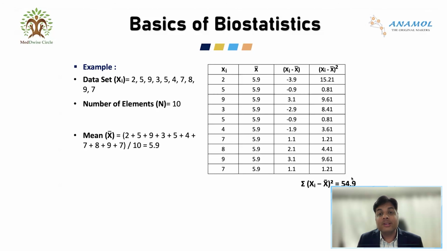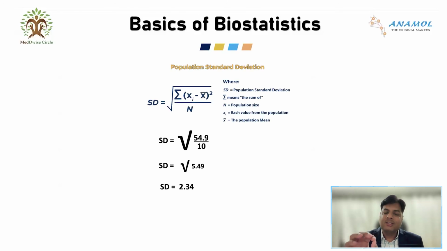This whole square value is 54.9 in this particular example. This 54.9 we divide by the number of students. The number of students is 10. So 54.9 divided by 10 comes to 5.49.